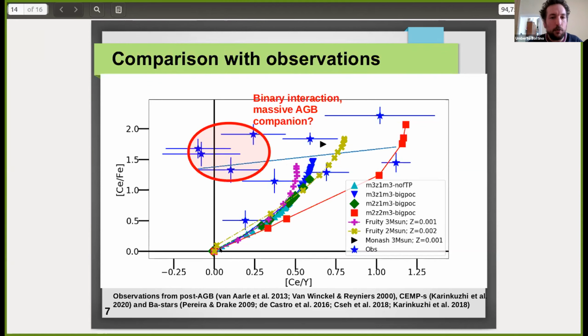And so if you have a massive AGB companion evolving through the AGB and transferring the envelope matter onto the surface of the main sequence companion, this will then start the main sequence with a starting negative cerium over yttrium abundance, then evolve through the AGB and end up somewhere there. This is just a speculation, but a scenario that maybe could deserve some further investigation in our future work.